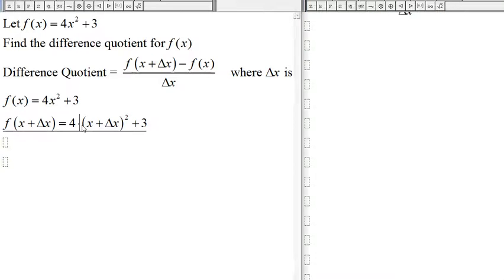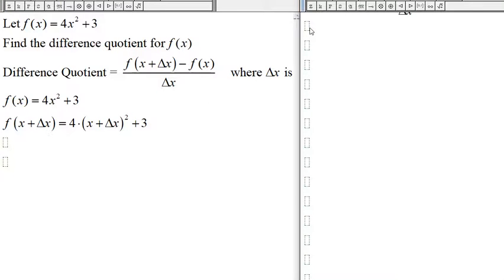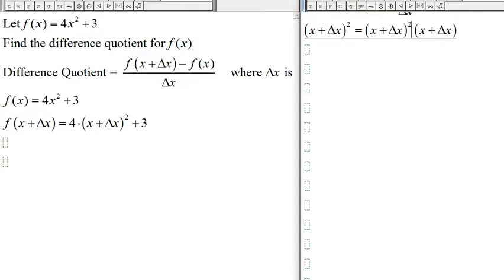And then we can go ahead and simplify this part right here. This is x plus delta x squared. So this just means you write it 2 times and then multiply.